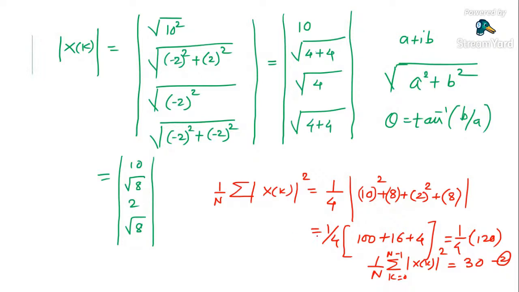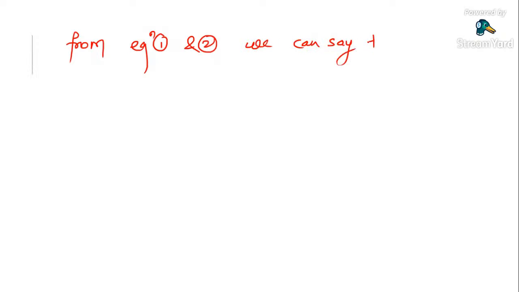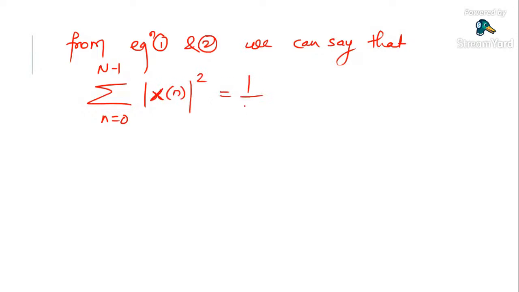So from equations 1 and 2 we can say that summation n starting from 0 to N minus 1 of small x of n bracket square is equal to 1 upon capital N summation k starting from 0 to N minus 1 of X of k bracket square.